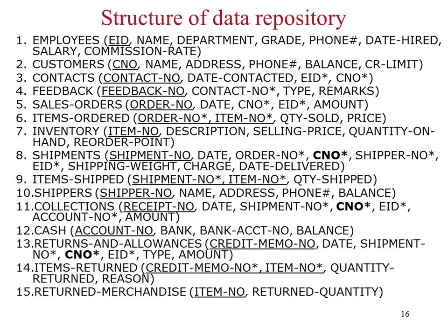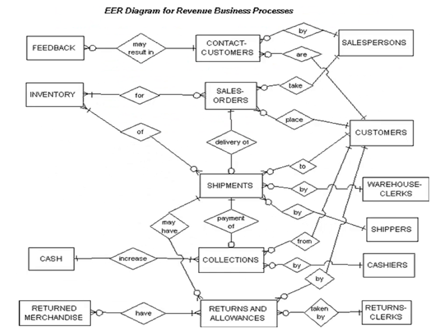I'm sorry, what is the question? How do we get to 12? Please take a look at this first table, employees. As I told you, we merge salespersons, warehouse clerks, cashiers, and return clerks into one table of employees. Don't have to create a separate table for each one.